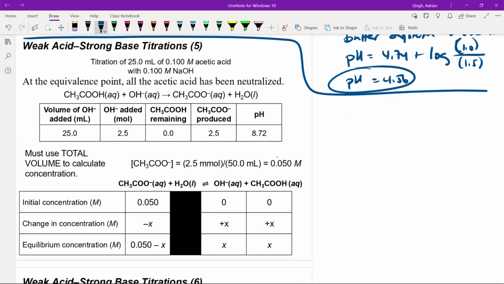Now, we're also going to have the sodium ion, but that doesn't affect the pH because it doesn't undergo hydrolysis. So all we really need to consider is the acetate ion. Okay, so all of the acetic acid is used up at the equivalence point.